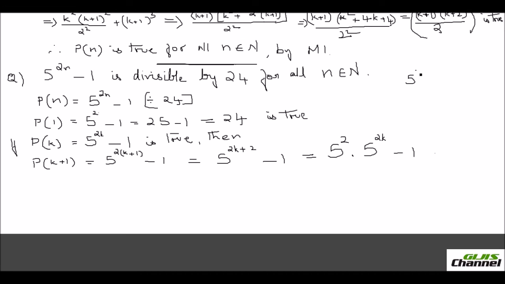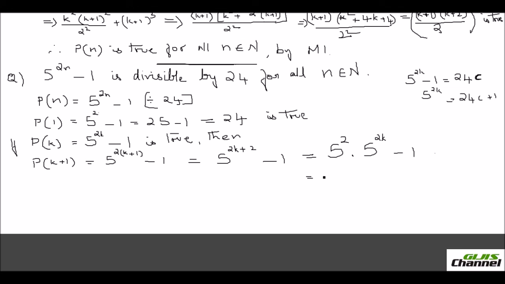This 5 raised to 2k minus 1, we know it is divisible by 24, right? So I just take it as 24c, where c is a constant. Okay, it is 24c, so I am just going to substitute that here. So here 5 raised to 2k would be equal to 24c plus 1. Now let me apply that.